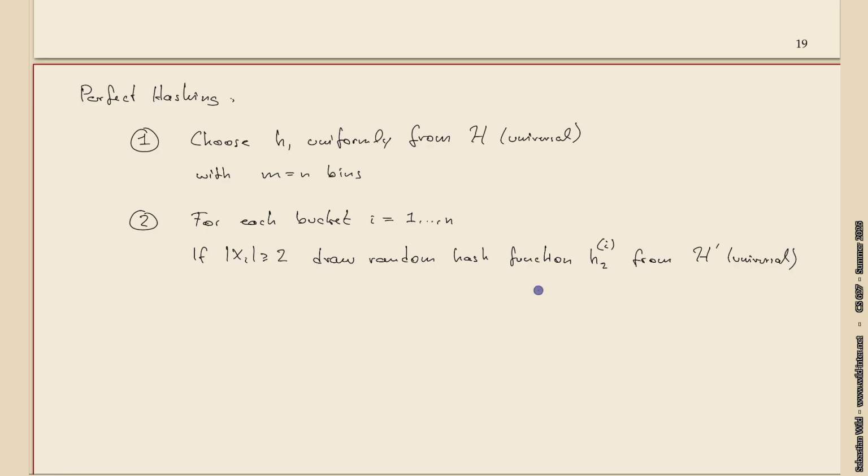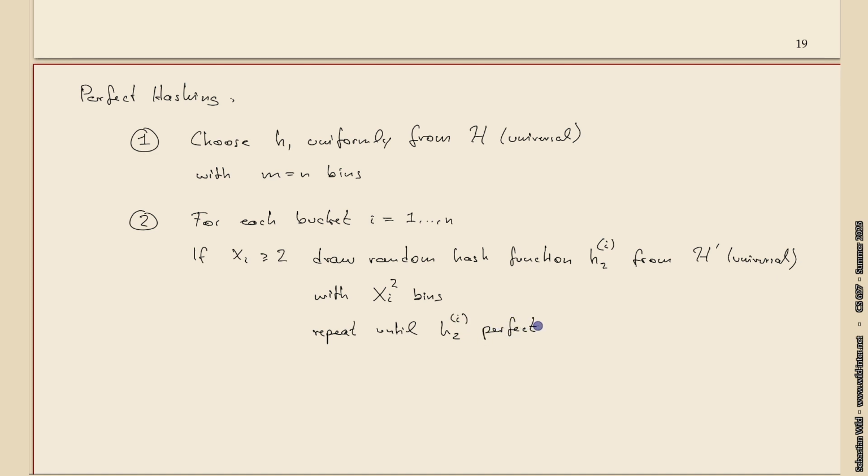And this we repeat with xi squared bins. Sorry, xi is already the number. Xi squared bins. Repeat this until this hash function is perfect.